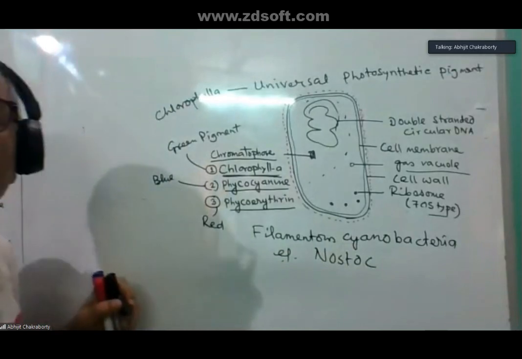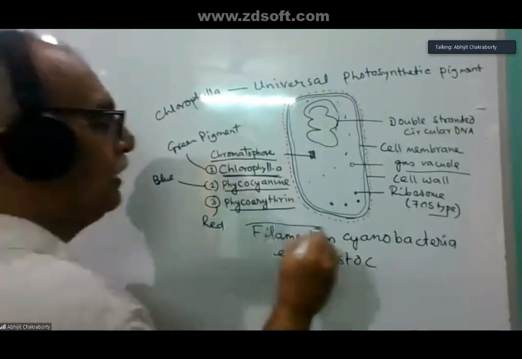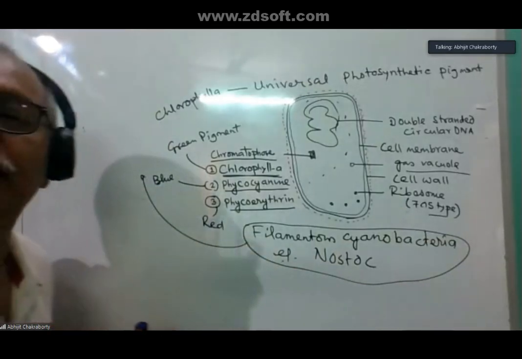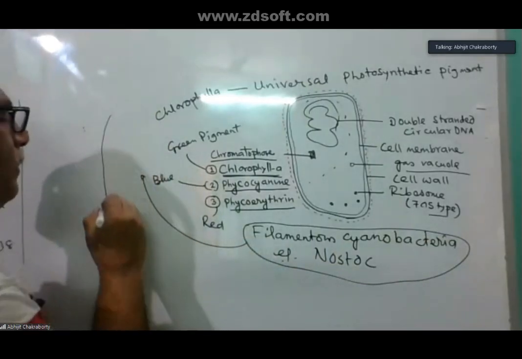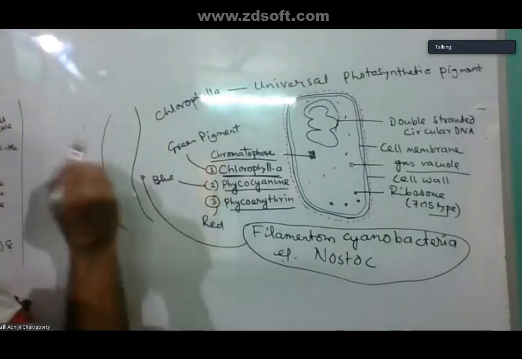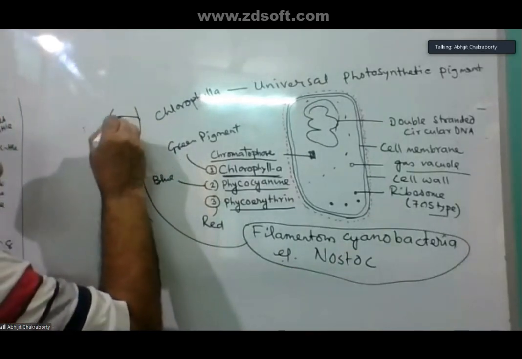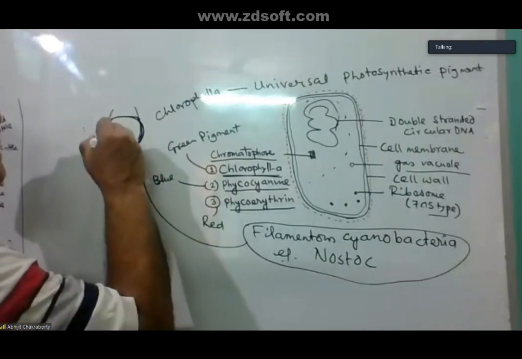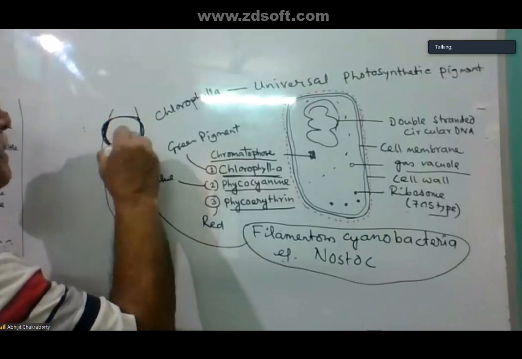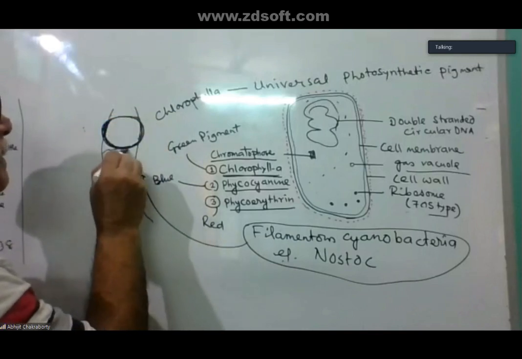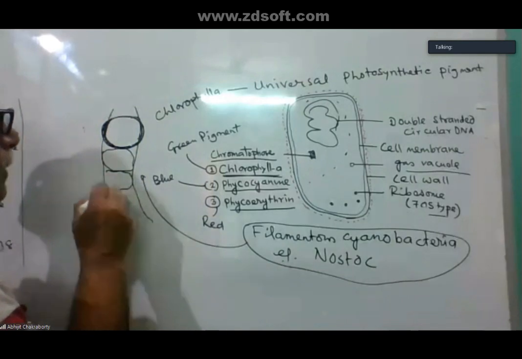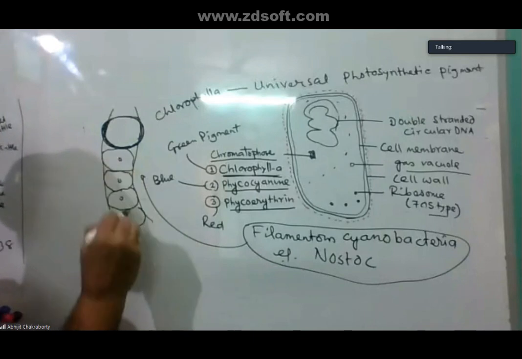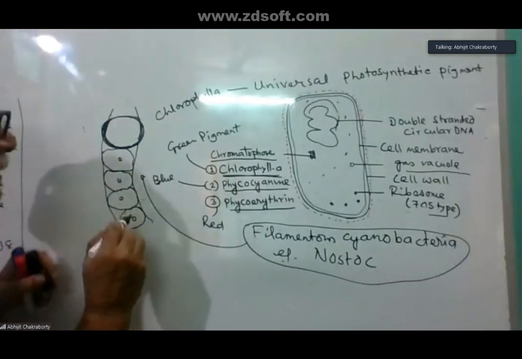In filamentous cyanobacteria, you will get some specialized cells. In this filament, you see, these are the vegetative cells.